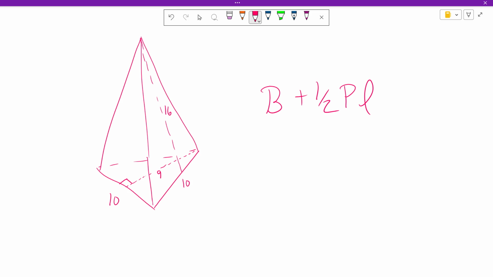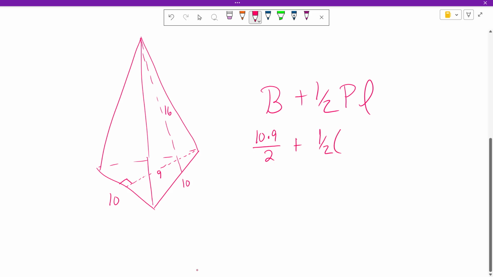Okay, so to find the area of the base is the area of the bottom triangle. The area of the base is base times height divided by 2. So 10 times 9 divided by 2 plus 1/2 the perimeter of the base.